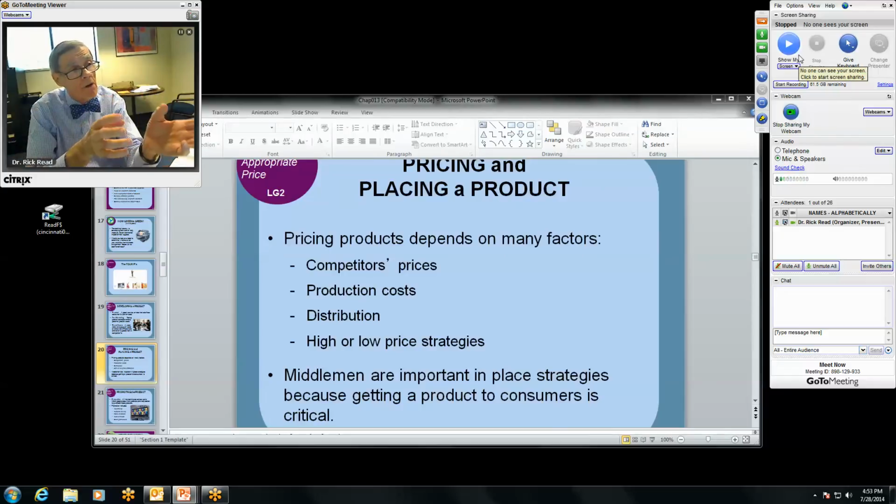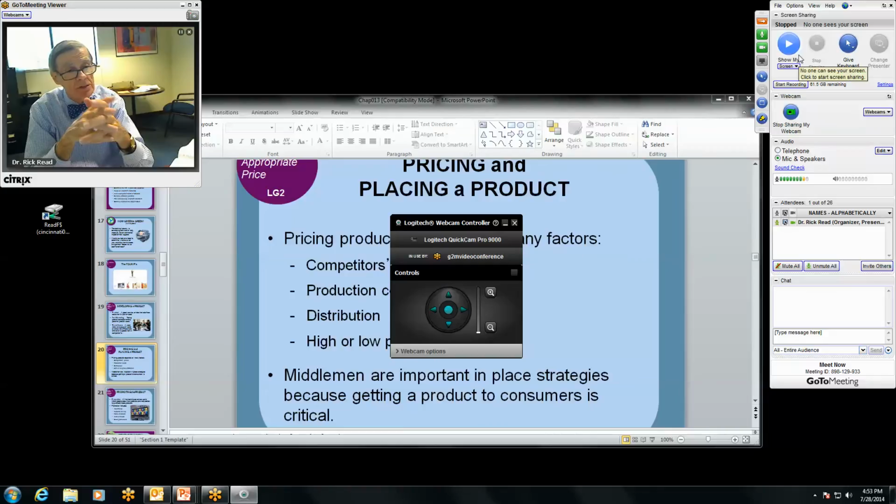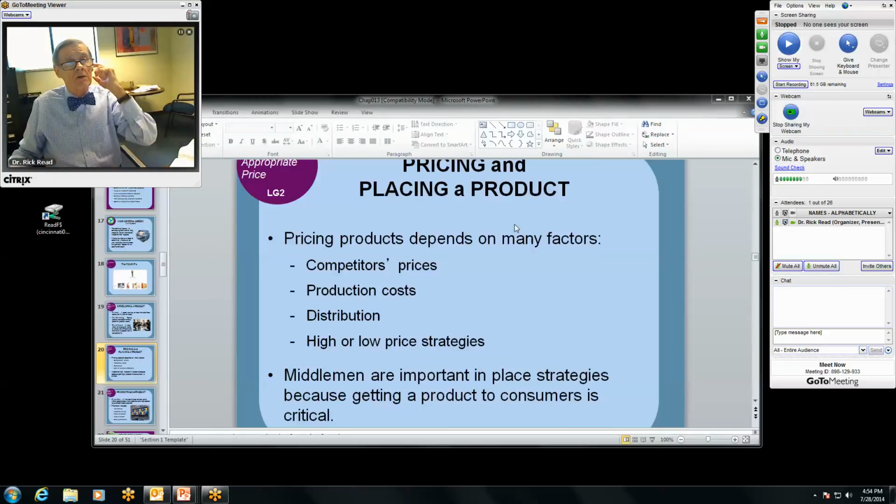And then things like high or low price strategies. We're going to talk about pricing strategies a little differently, but high and low price strategies are used to get customers in the door, so that's something you think about.